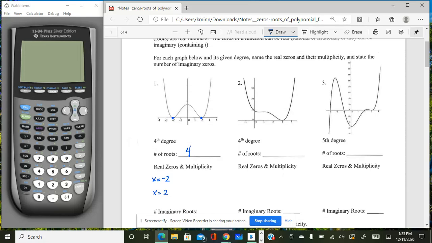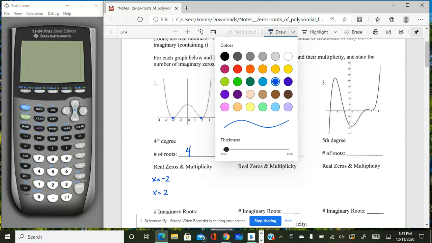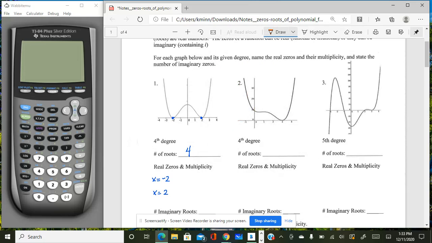We know, though, that our number of roots is equal to 4, but we only have two values, -2 and 2. So what's important to note here is multiplicity. Multiplicity is the number of times that an answer actually occurs.